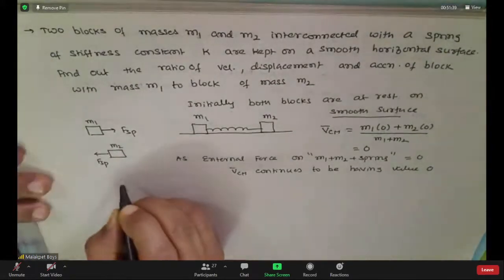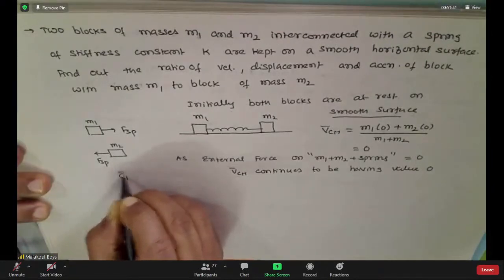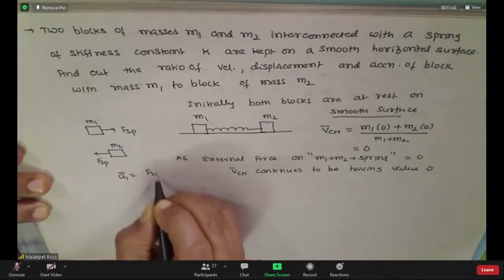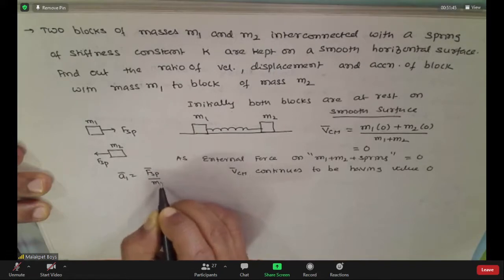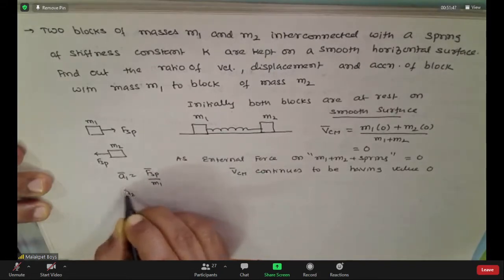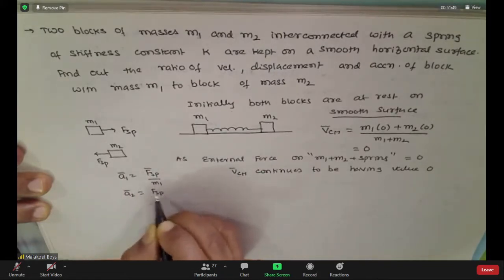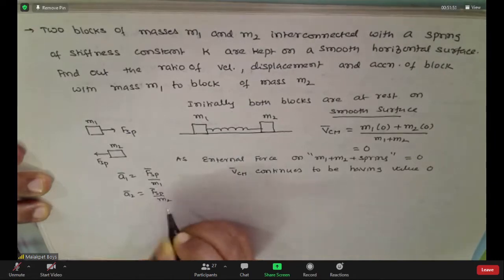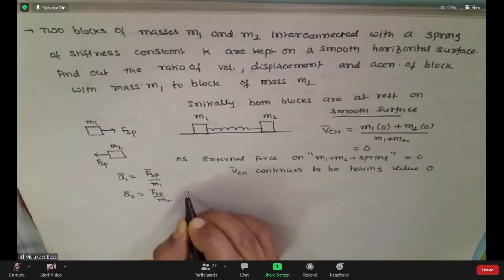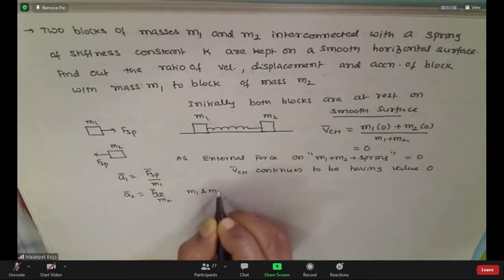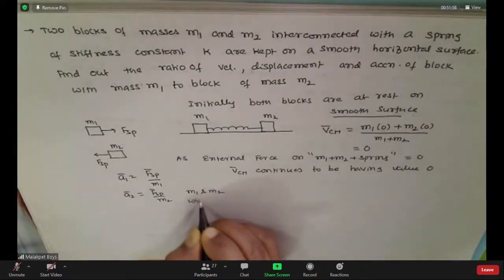You can see that acceleration is there for the first one, spring force on M1. And a2 is nothing but the spring force in the opposite direction on M2.